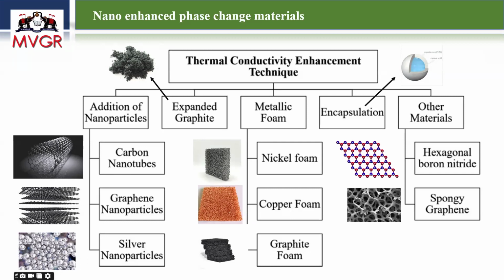If you are heating, what will happen? The PCM material inside is converted into liquid, but it does not leak out. Why? Because the shell completely locks the liquid phase material. So we can arrest the leakage, and the shell may be made of any organic material or any metal, so the thermal conductivity is also higher compared to the PCM.